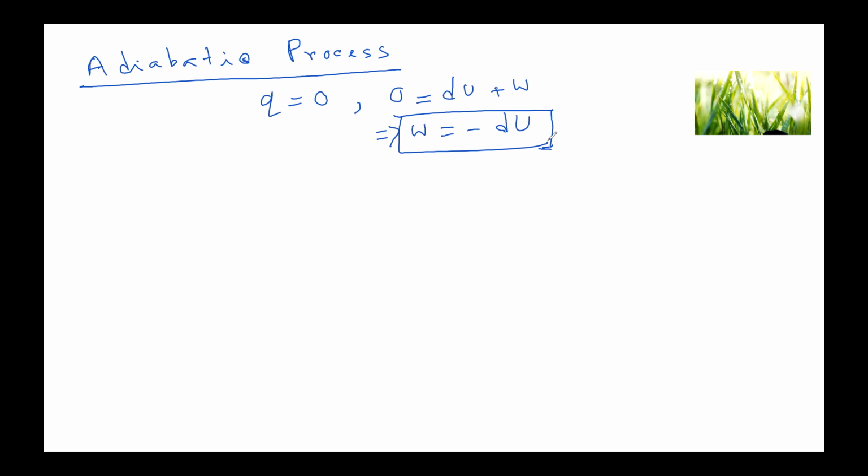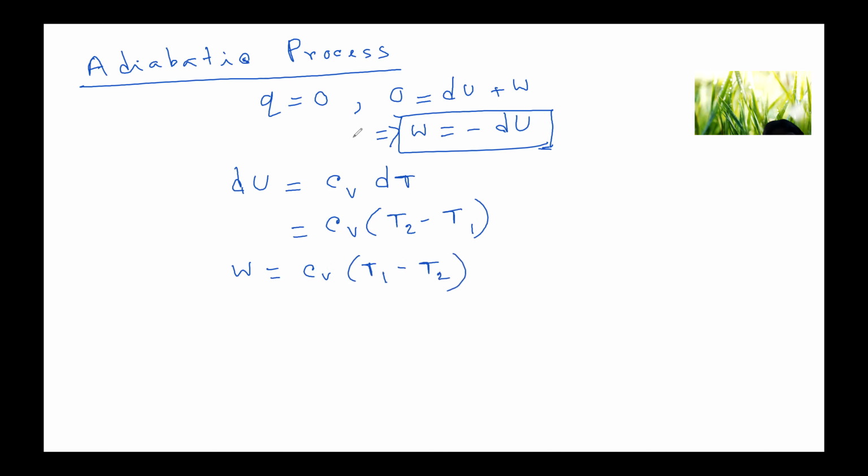So considering the ideal gas, dU equals Cv dT, considering 1 mole of ideal gas. This is the change in temperature, I'm writing this as T2 minus T1. So this will be W equals Cv (T1 minus T2). Okay.